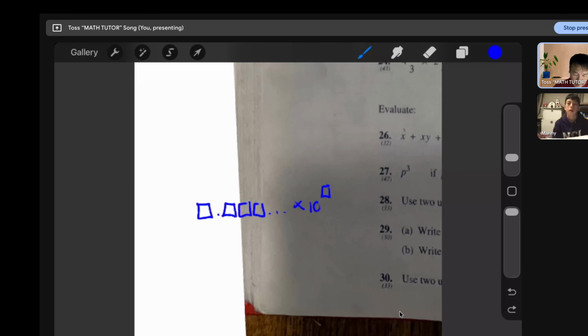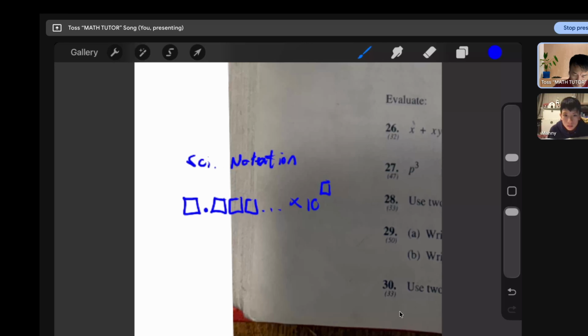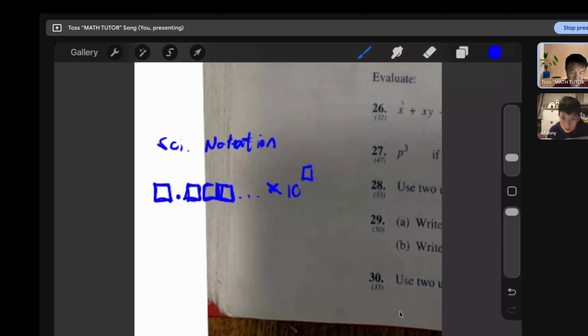So look at the format of this scientific notation. Side note: scientific notation. Actually, I'll write it. Now, look carefully. You're allowed to have 1 digit in front of the decimal, and you can have as many right behind it from left to right, and then times 10 to some power.